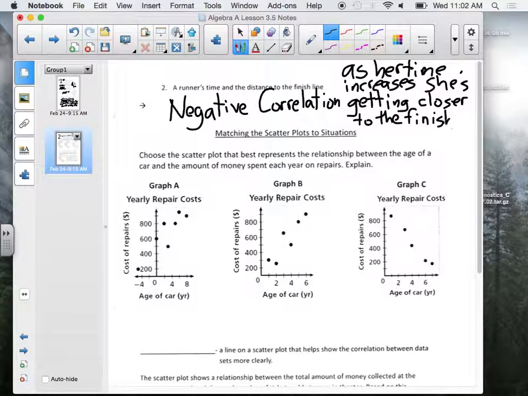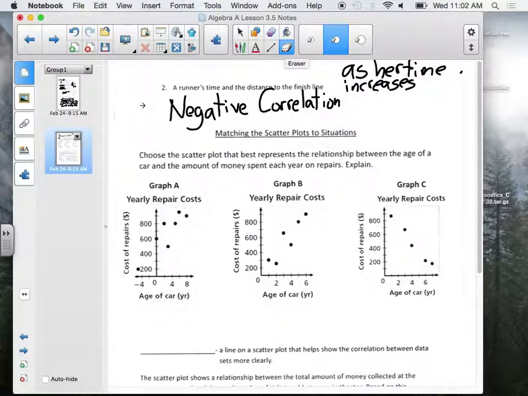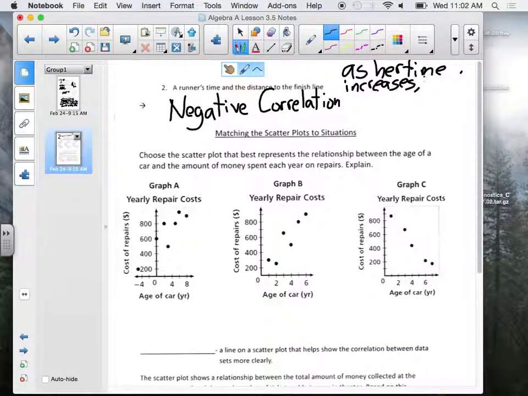Could we change that? Because you should use the words increases and decreases. So as her time increases, what's happening to her distance? It's decreasing. Her distance decreases.